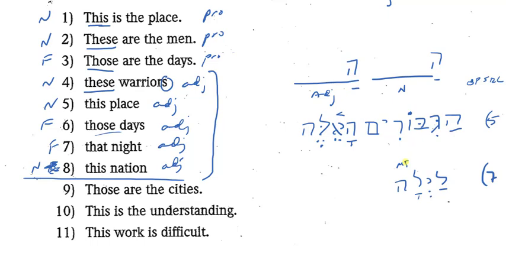Which letter do all third person pronouns start with? Yeah, a hey, an H sound. Okay? So, what's the masculine singular form of that? Who? So can I just say Lilahu?